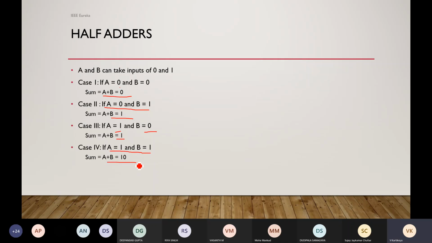Because we are doing combinational circuits, that means we're using gates like AND, OR, etc. Basically, we're using a circuit, and the binary number is just a signal we are sending. It can be voltage or current. If it is being sent, it's high. That's basically 1. If it's not being sent, it's low. That's basically 0.